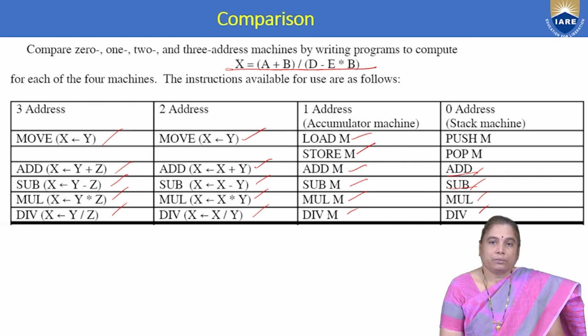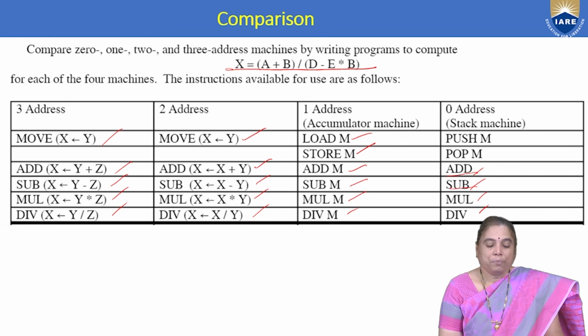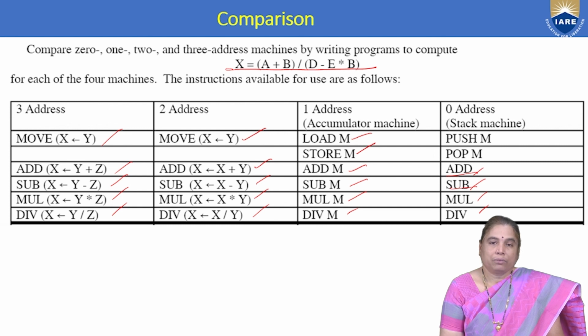In the three address instruction format, the length of the code can be greatly reduced when compared to the others. And the execution time can also be optimized in case of the three address instruction format. Why? Because the operands are readily available in the instruction format itself, so no fetching of operands from memory locations is needed.